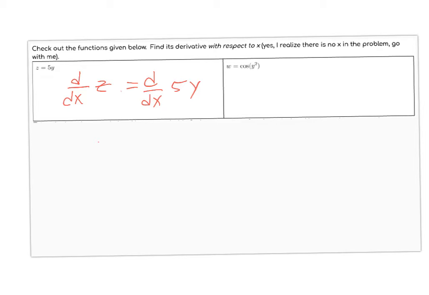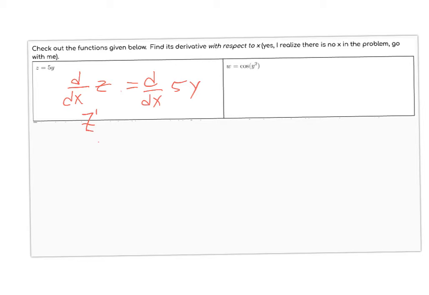The first is that the derivative of some function z that may be related to x is going to be z prime, basically, of x. Normally, this would just be 1 because the derivative of x is 1. But because we're taking this with respect to the wrong variable, we end up in that kind of weird situation.